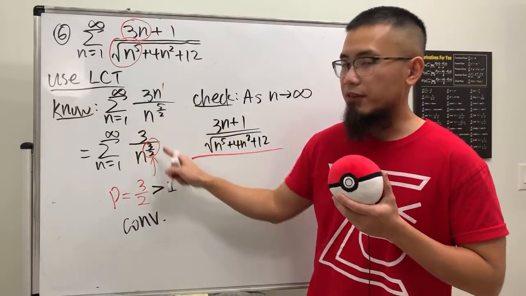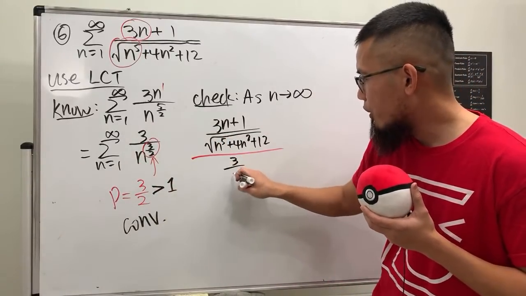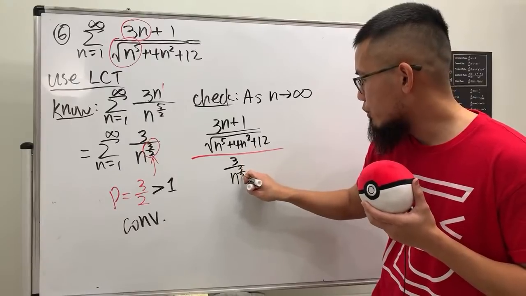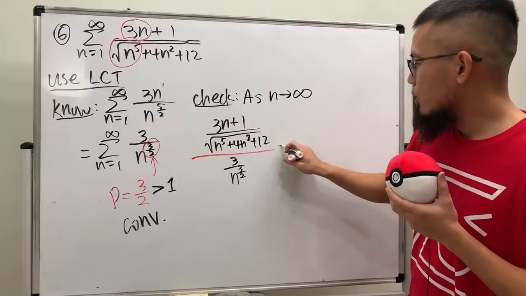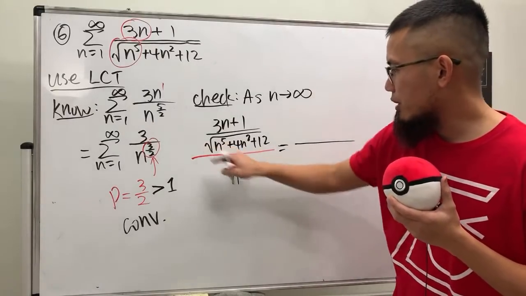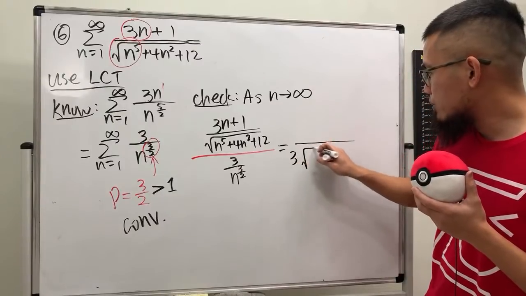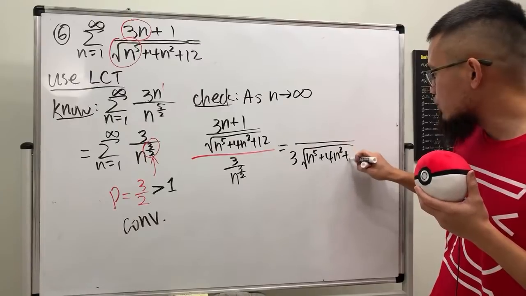I'm just going to put this down. It's much easier, of course. So I'm just going to write down 3 over n to the 3 over 2 power like this. And now, to work this out, I will just put a 3 right here. So we have 3 square root of n to the 5 plus 4n squared plus 12.